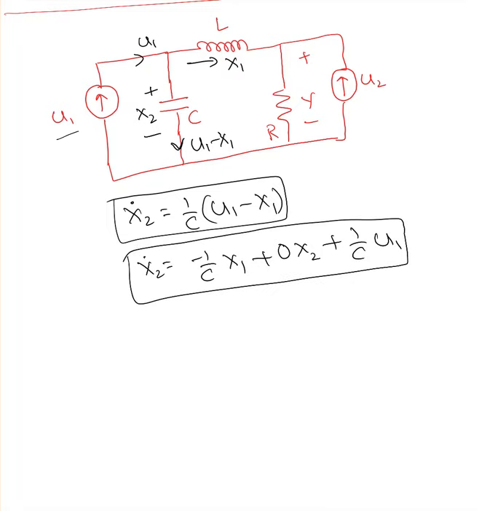That's my x2 dot. Now x1 dot. So the voltage across the inductor, can I write this as L times x1 dot equal to, I don't know that voltage, let me take that as VL, the voltage drop across the inductor.